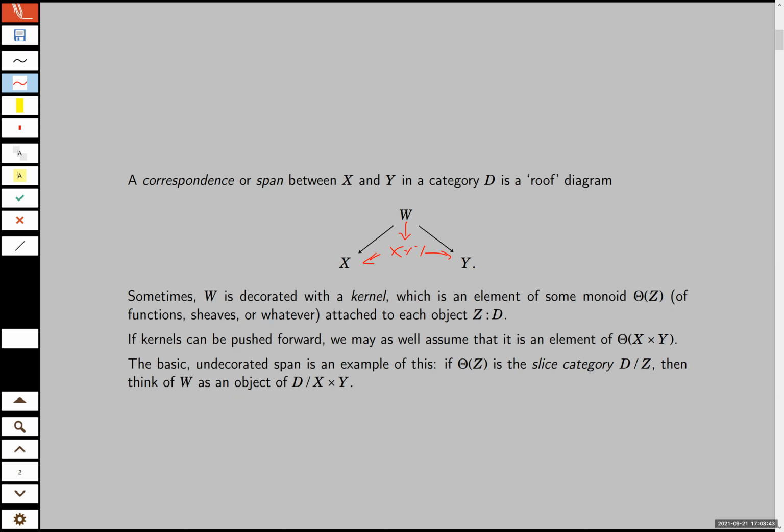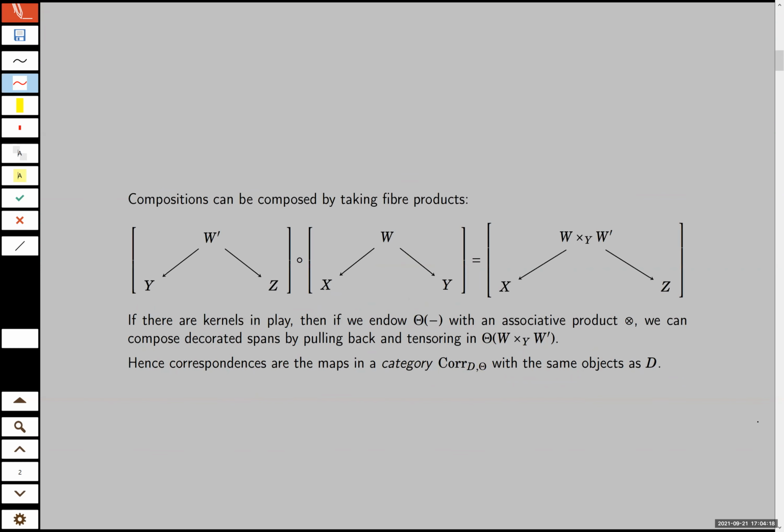And the original diagram is a special case of this, where theta of W is just the slice category over W, the category of objects. This category here has objects, pairs consisting of S in D, and S goes to Z. So plain spans without kernels is kind of a universal version of that. And we all know how to compose a sequence of spans with a common endpoint.